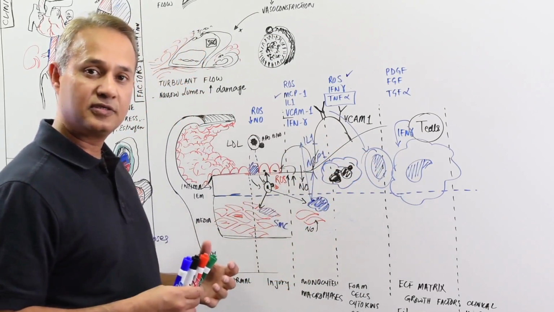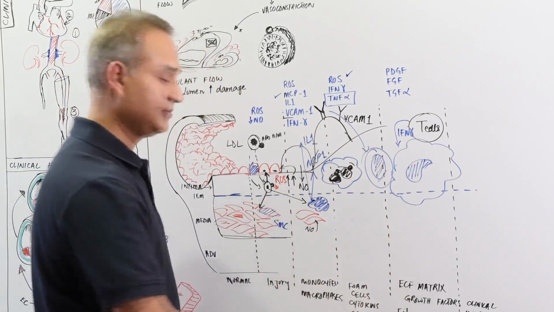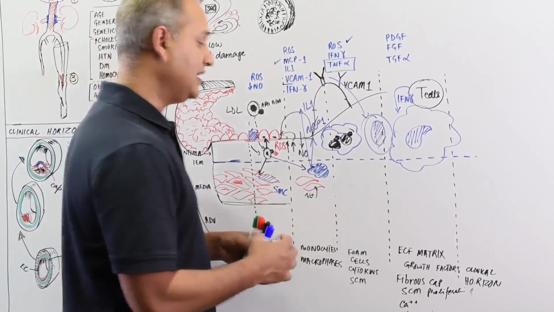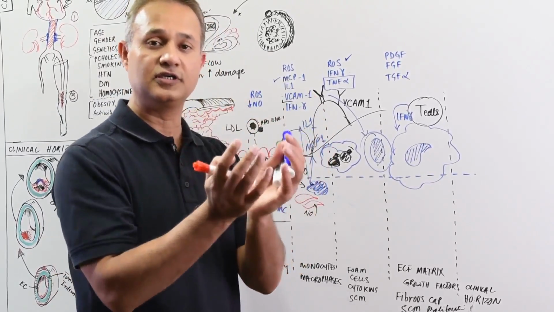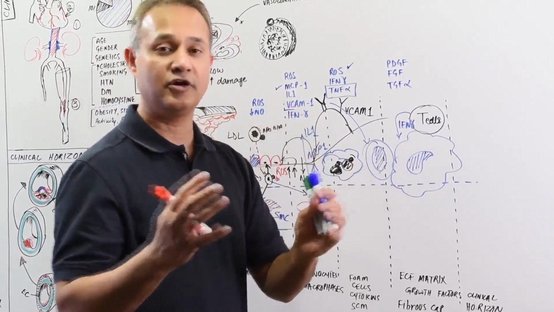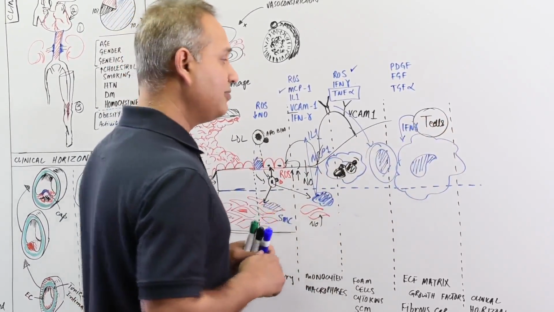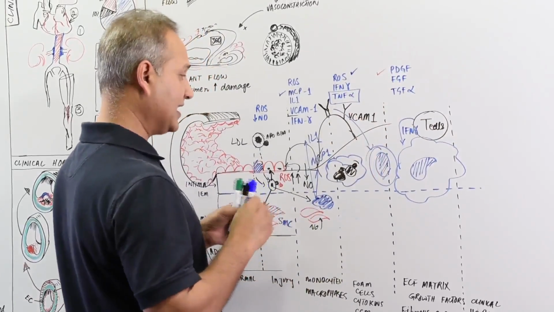What will happen? There are going to be growth factors that are going to be released. The growth factors that will be released are very important for the final pathology or shape or maturity of atheroma. This is atheroma development.